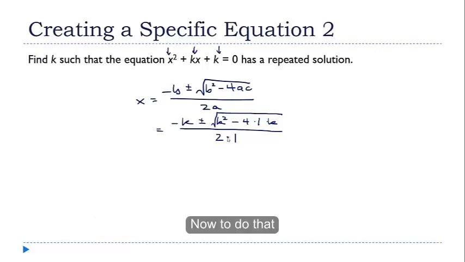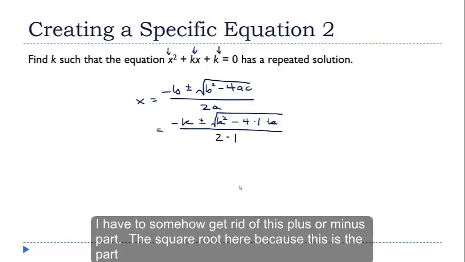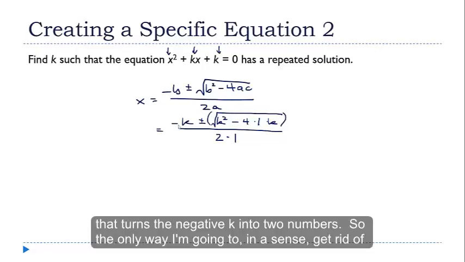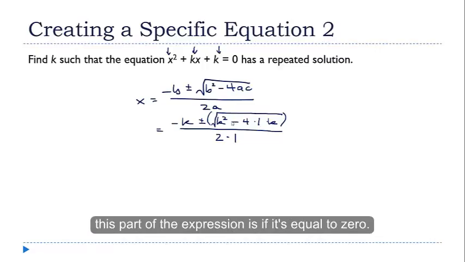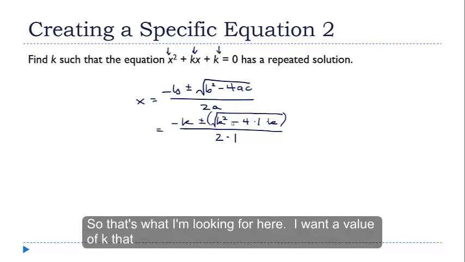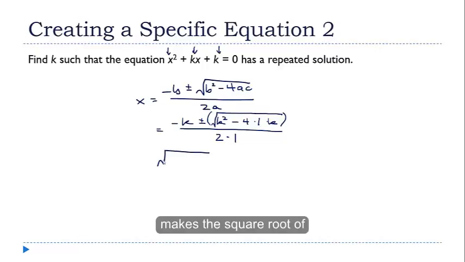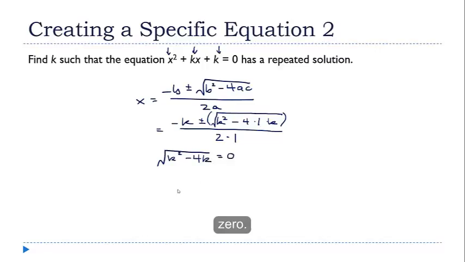Now, to do that, I have to somehow get rid of this plus or minus part, the square root here, because this is the part that turns the negative k into two numbers. So the only way I'm going to get rid of this part of the expression is if it's equal to 0. So that's what I'm looking for here. I want to know what value of k makes the square root of k squared minus 4k equal to 0.